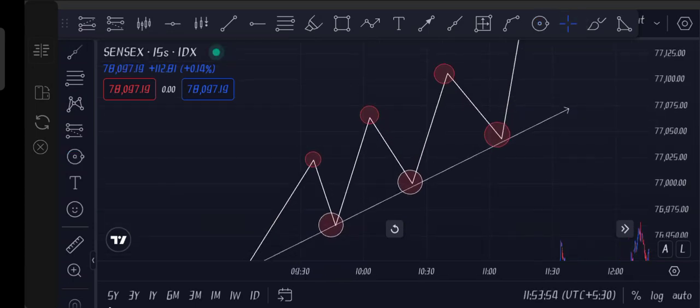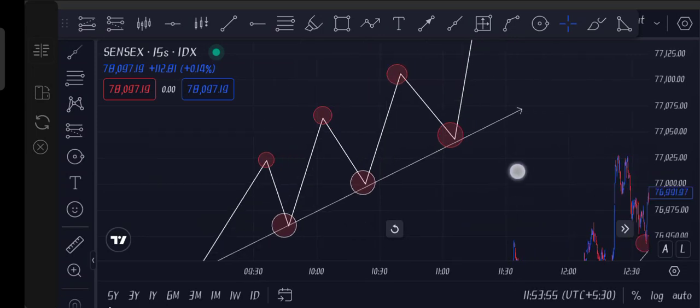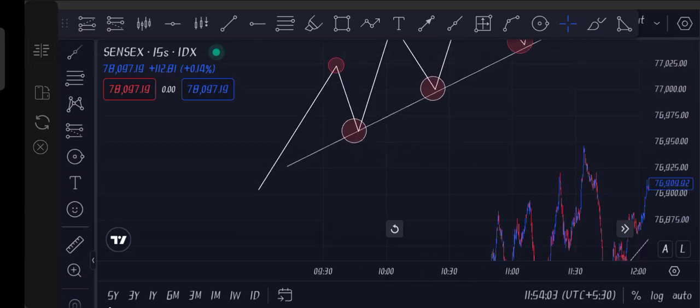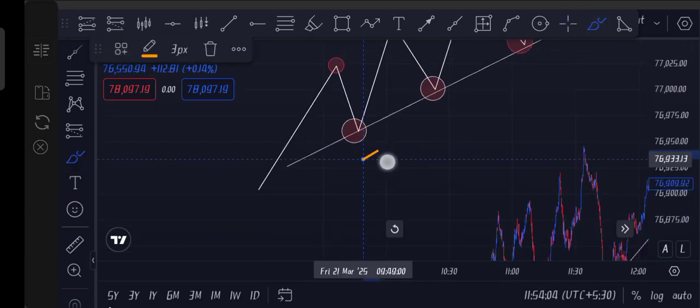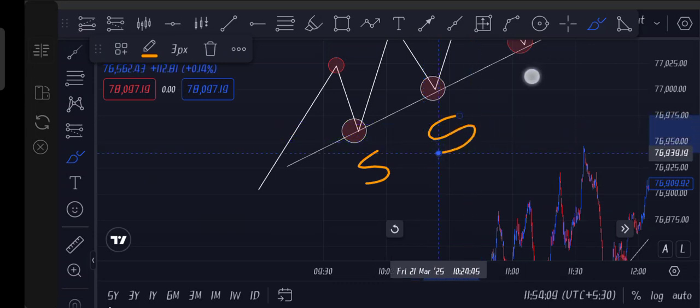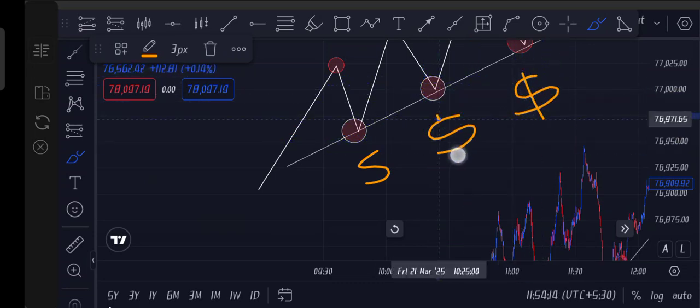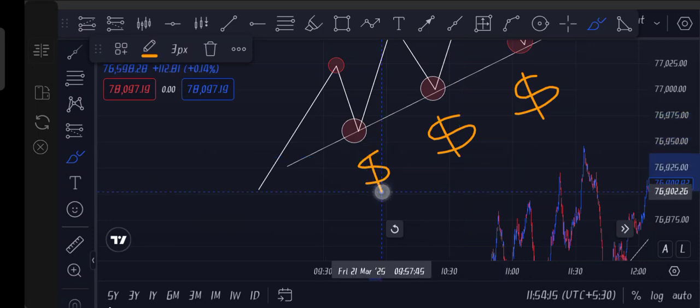You can see higher high and higher low, but the downside has a number of liquidities there. The downside has strong liquidity, with stop losses, stop losses, stop losses downside of that.